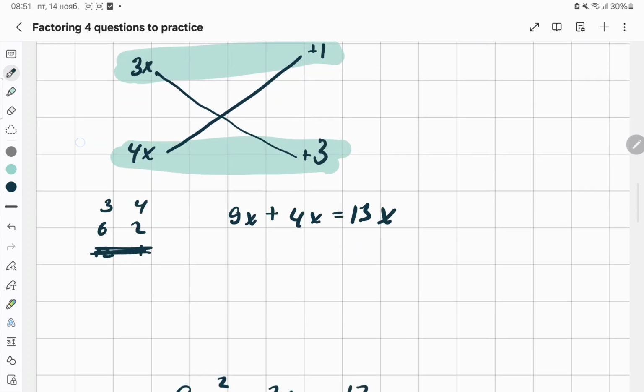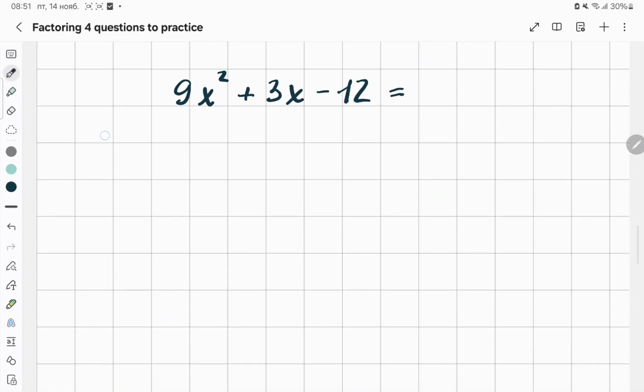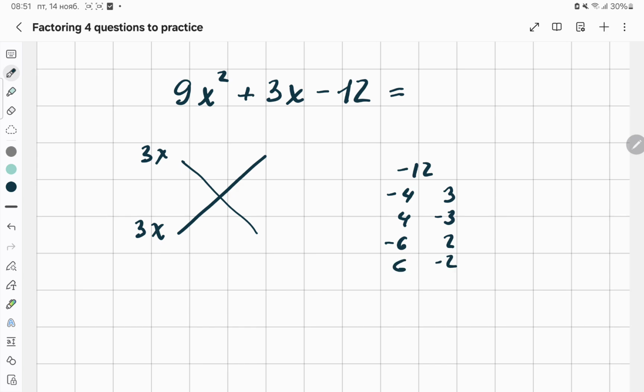Okay, and the last question in this video is this one, based on this topic. So here again we do the same thing, and let's try 3x and 3x. So we will have 12, and in this example, negative 12. Possible pairs for negative 12 are negative 4 and 3, 4 and negative 3, then negative 6 and 2, 6 and negative 2.